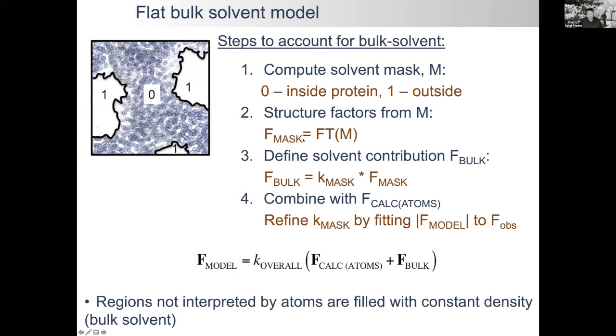Now we find an optimal scale to add these structure factors to the F-calc, the atomic model structure factors, by fitting F model to F obs. Once we found the optimal scale, we have our bulk solvent contribution. So now we can calculate the whole crystal structure model for structure factors that accounts for everything in your crystal, atoms and bulk solvent. All right, so that's the concept. That's how we do this.